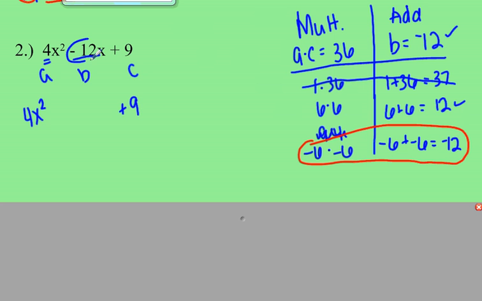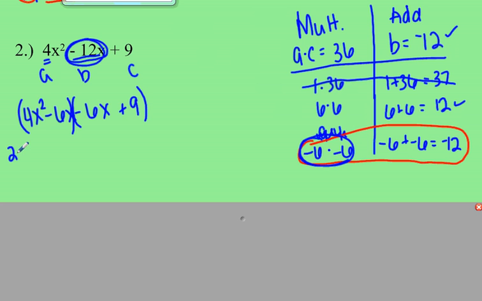But instead of negative 12x, I'm going to write negative 6x minus 6x from my chart. So now I'll continue my problem by grouping together the first two and the last two terms.